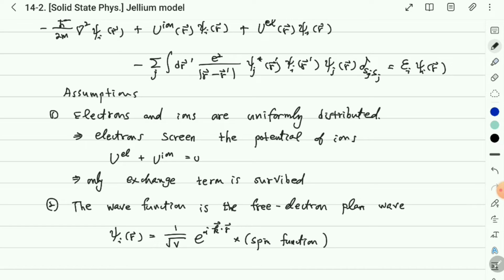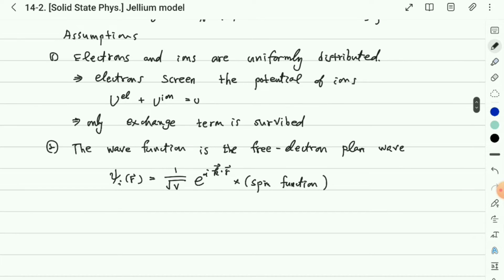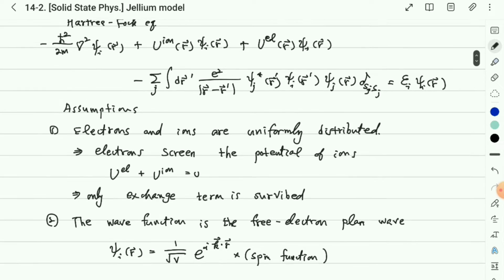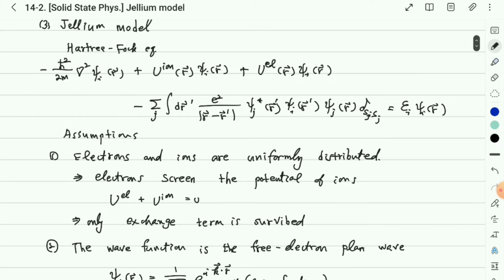There are two spin wave functions below the Fermi momentum. These are the two assumptions in the Jellium model.